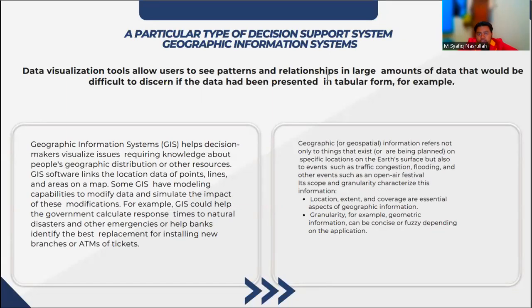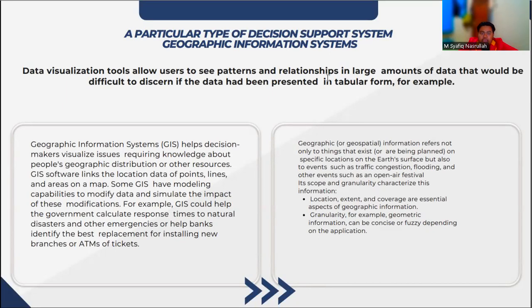Next one, we have a particular type of decision support system, the geographic information system. By this data, we can get the geographic information system or GIS, which helps decision makers visualize issues requiring knowledge about people, geographic distribution, or other resources. GIS software links the location data of points, lines, and areas on the map.